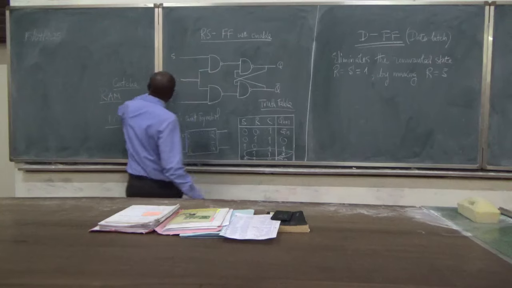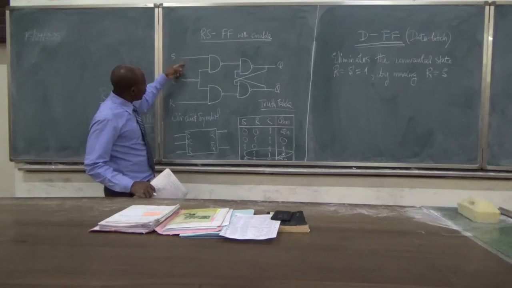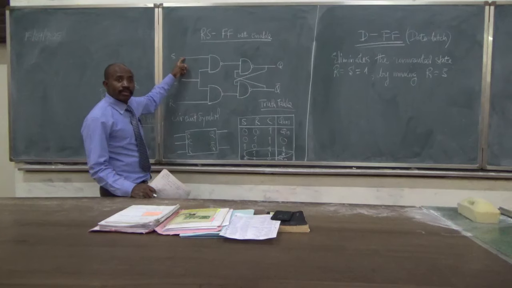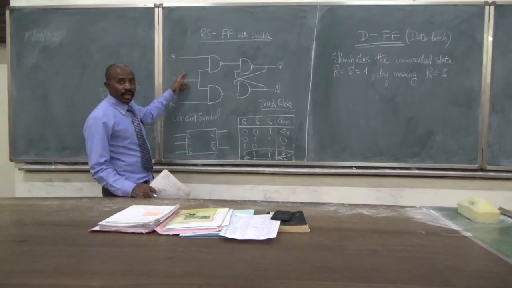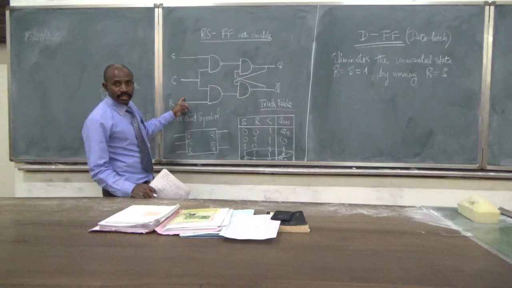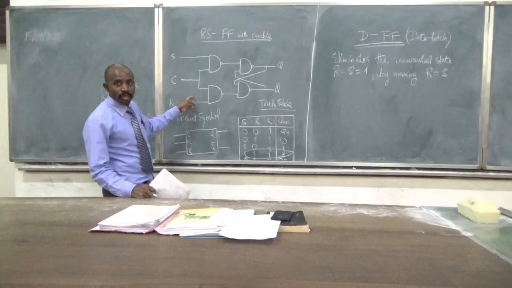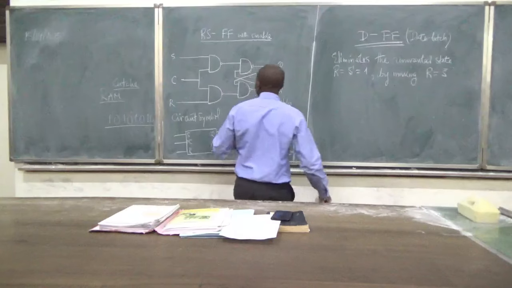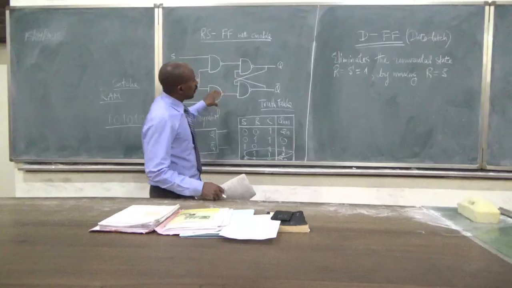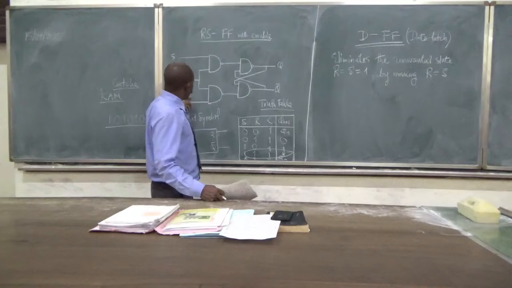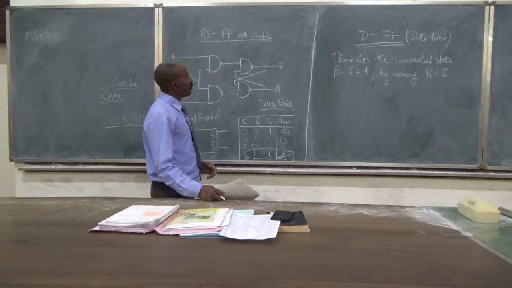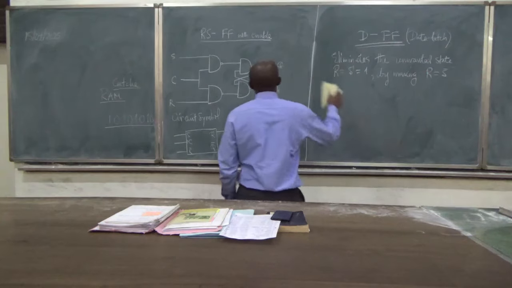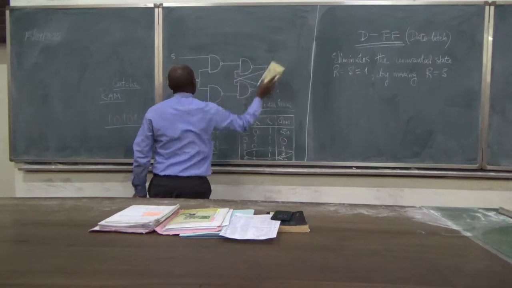So we shall get the R coming from the set and then invert it, so we have a not S coming instead. We are having this same circuit, and we only introduce the NOT gate. Since you are nice to me, allow me to do the honors here.